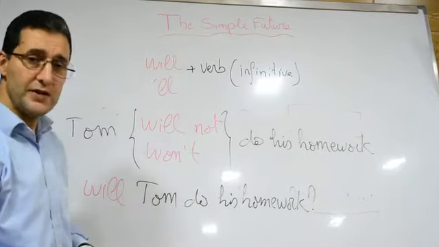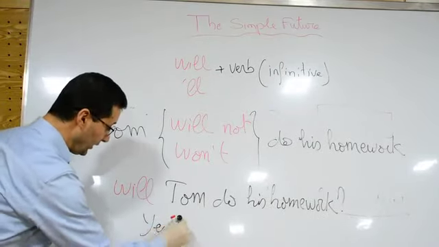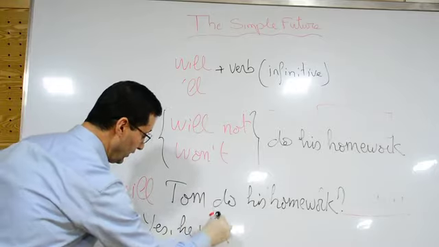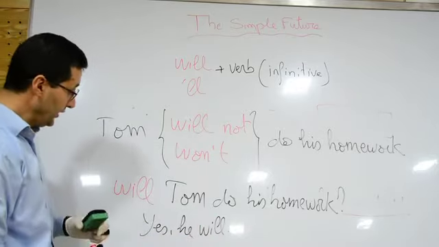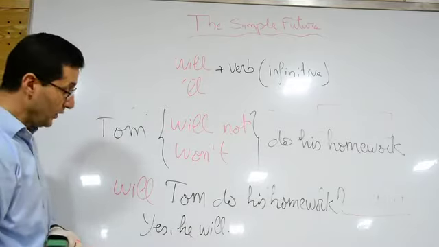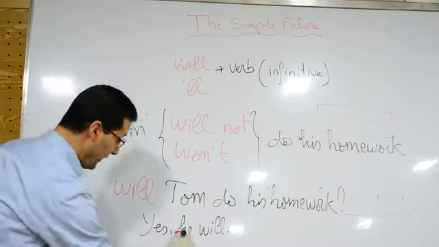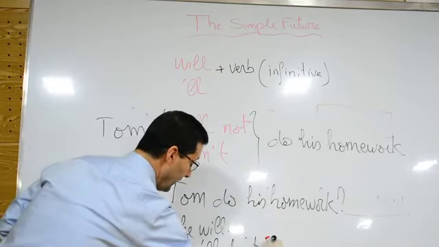And either you say yes, short answer, yes he will. Okay? Yes he will. Pay attention. Here we don't use the contraction unless you want to finish the sentence. For example, yes, he'll do it right now.